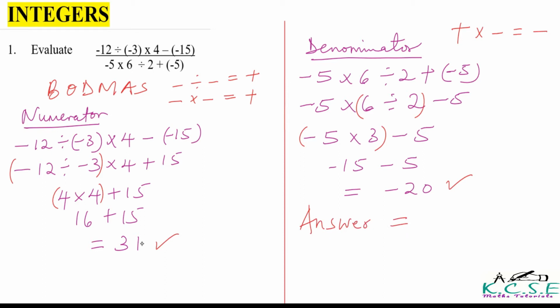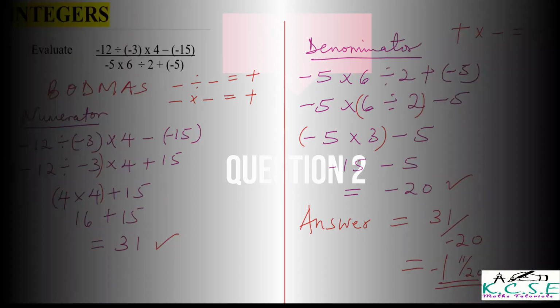The solution we got from the numerator is 31 divided by the solution we got in the denominator, negative 20. This gives negative 1 and 11 over 20. And that is how you're supposed to solve that question.